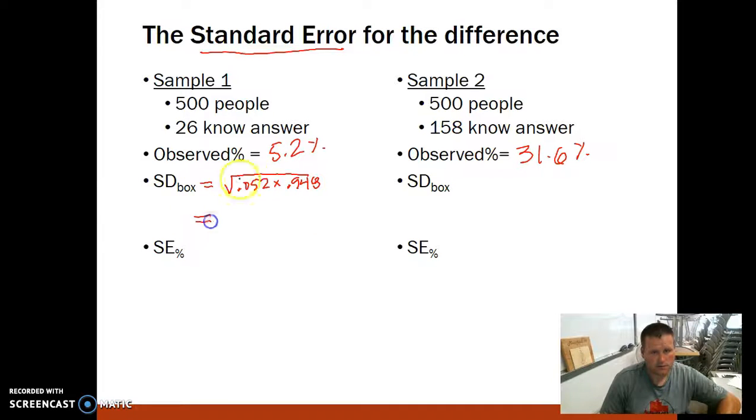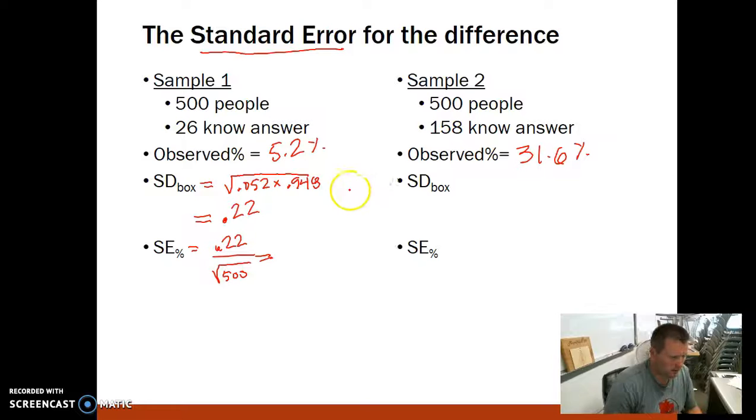We've done this, same idea here. This gives us 0.22, and then from there we can find our standard error for the percentage of just the first sample. So we go 0.22, remember, our standard deviation divided by the square root of our draws. Well, we sampled 500 people.